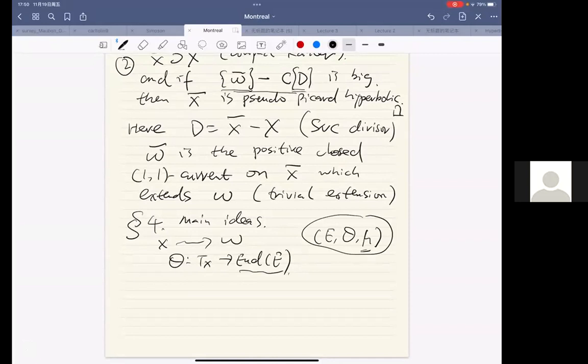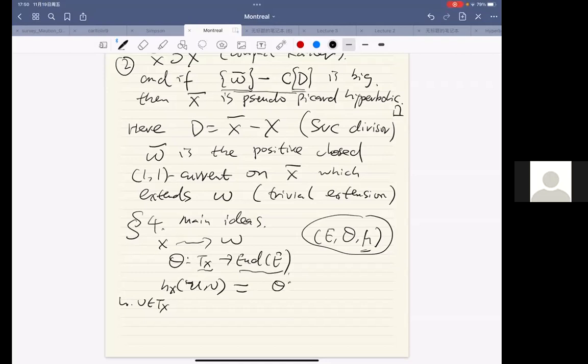Therefore, you define a metric, which I denote maybe H_X, for every U and V in T_X. You define a Hermitian metric in this way.